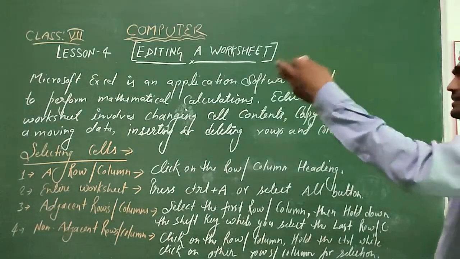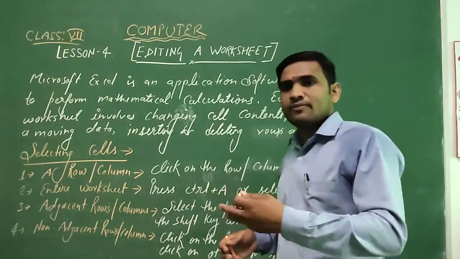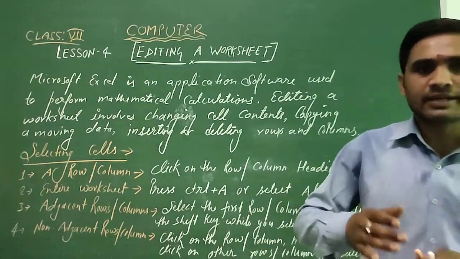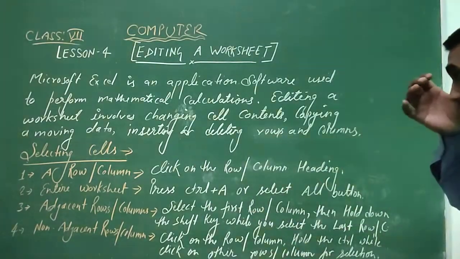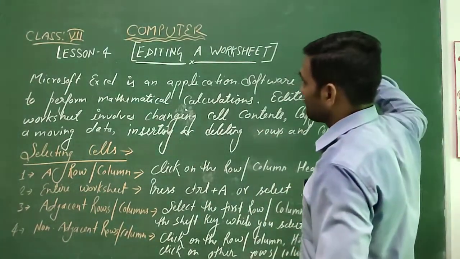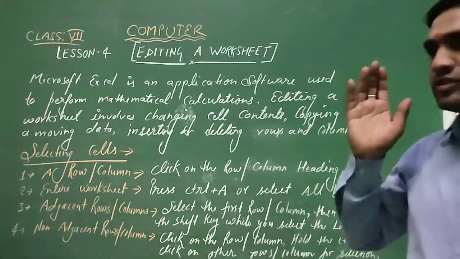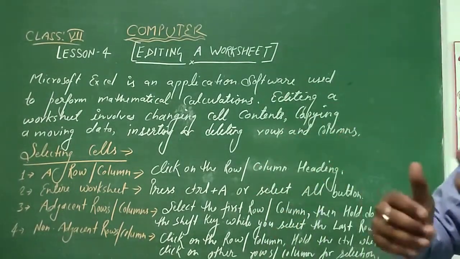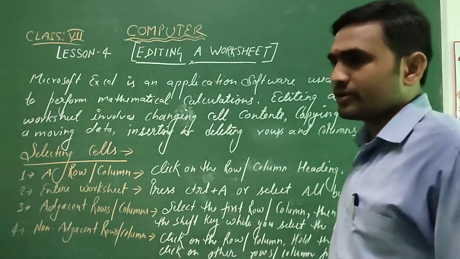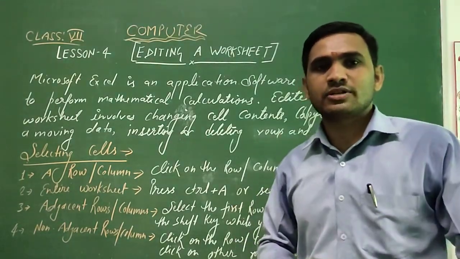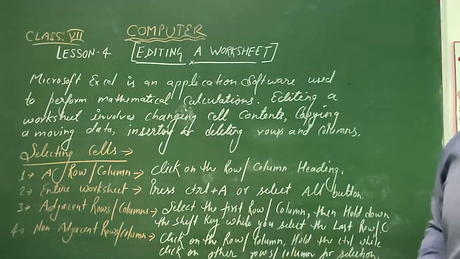How we'll perform all these topics we'll discuss in the next class. So the main focus is that MS Excel is an application software and it is used to perform mathematical calculations, simple and complex, right?